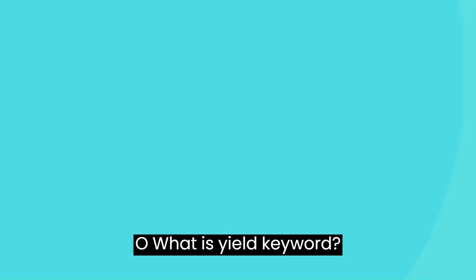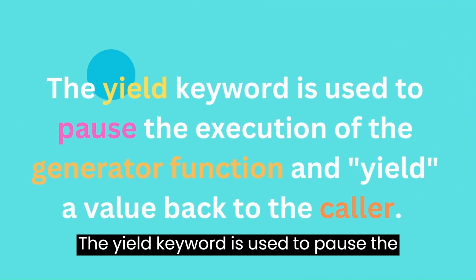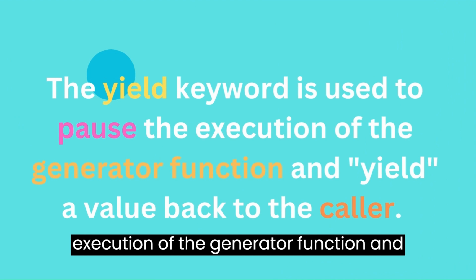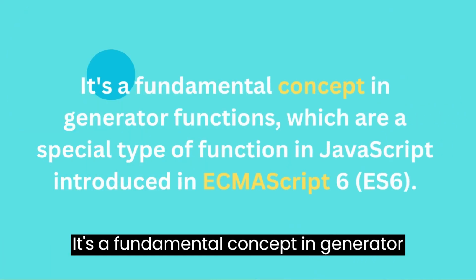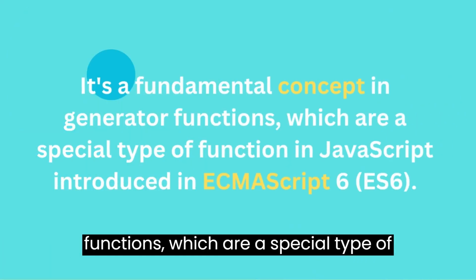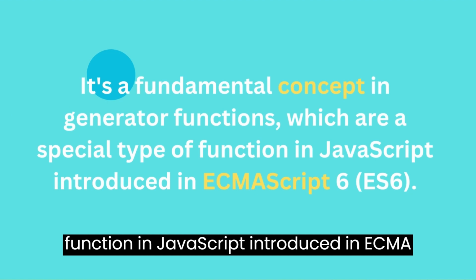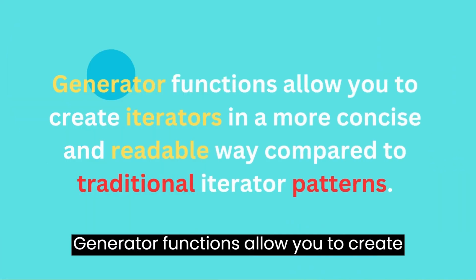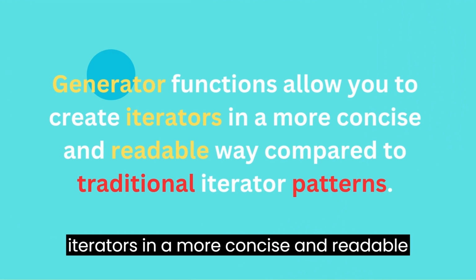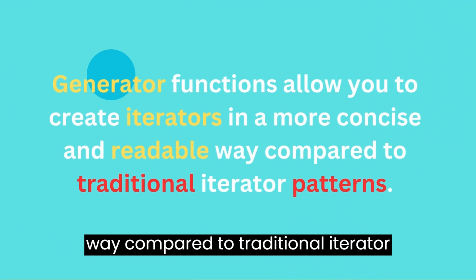So what is yield keyword? The yield keyword is used to pause the execution of the generator function and yield a value back to the caller. It's a fundamental concept in generator functions, which are a special type of function in JavaScript introduced in ECMAScript 6, ES6. Generator functions allow you to create iterators in a more concise and readable way compared to traditional iterator patterns.